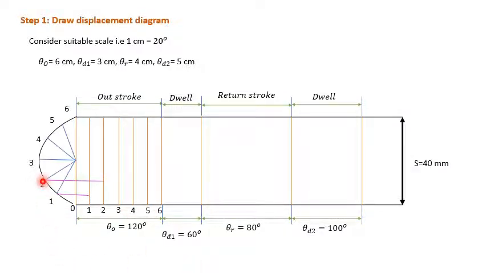Similarly, from number 2, the second division of the semicircle, draw a horizontal line till it reaches the second vertical line of the outstroke. Similarly from number 3, then 4, 5, and for 6 no need to draw a line because it already has a horizontal line which is touching the construction line.